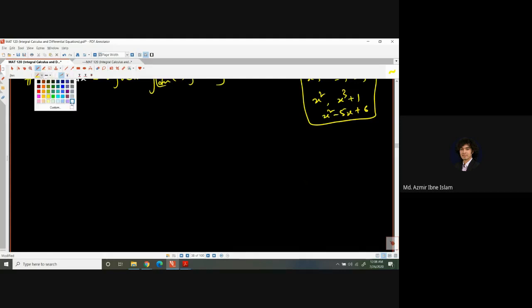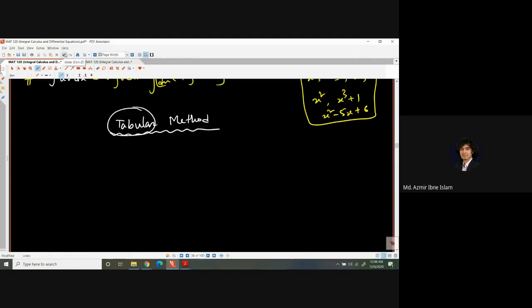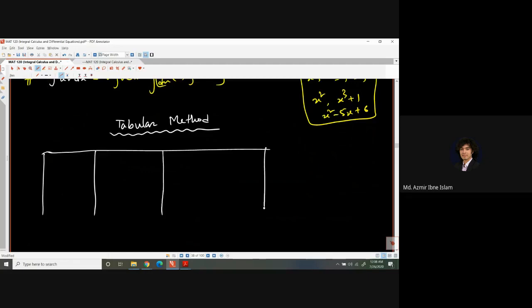This is an alternative technique to the integration by parts method. From the name you can easily understand that there will be a table. So let's draw one table. That table will contain 3 columns.